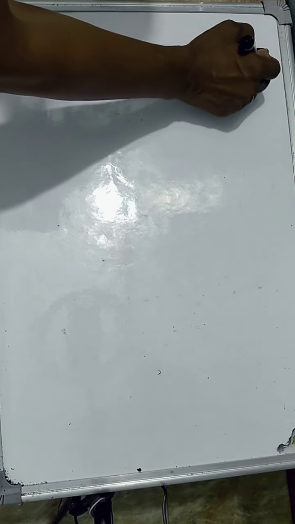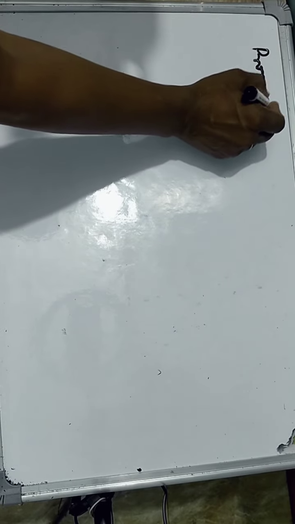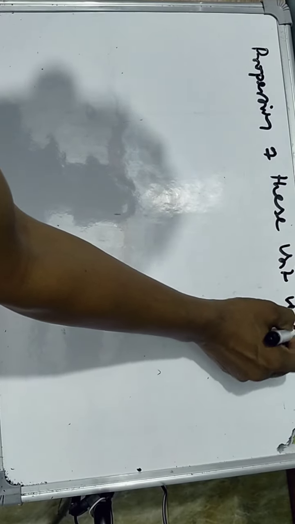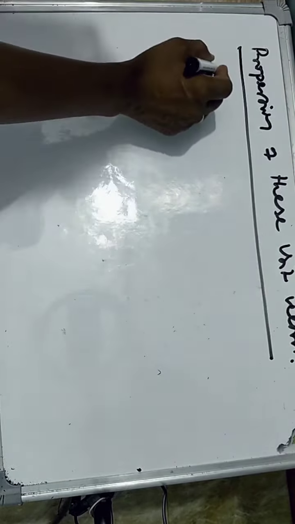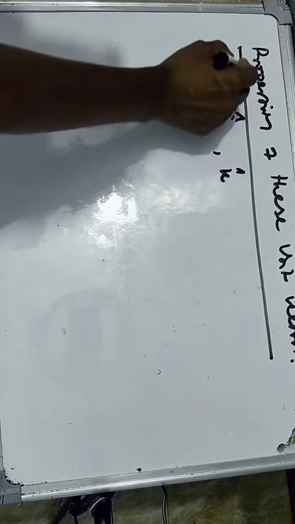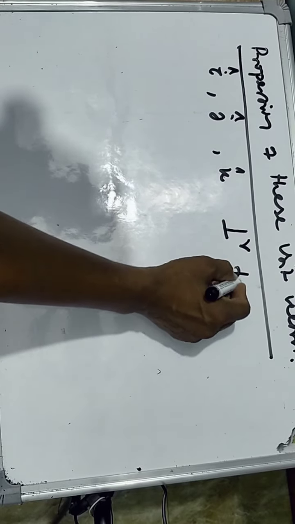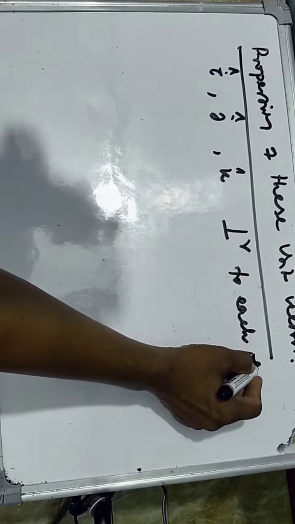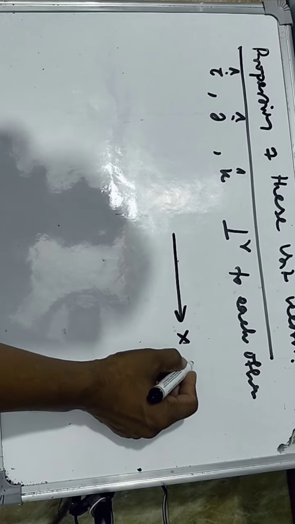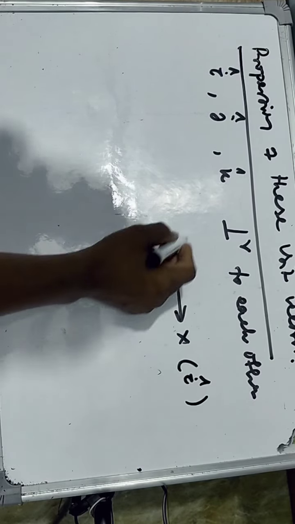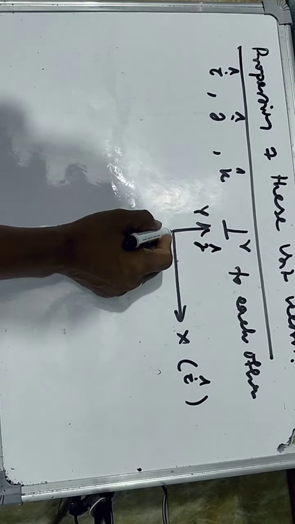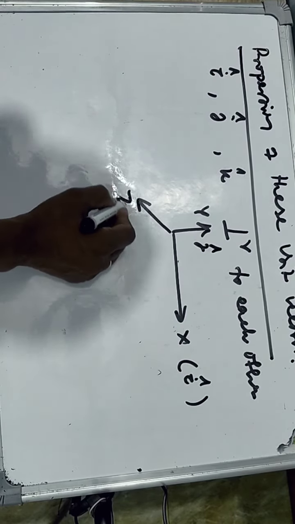Now to find out properties of these unit vectors, we say I, j and k are mutually perpendicular to each other or orthogonal, because one is along x-axis, that is our I, another is along y-axis, that is our j, and another is along z-axis, that is k.